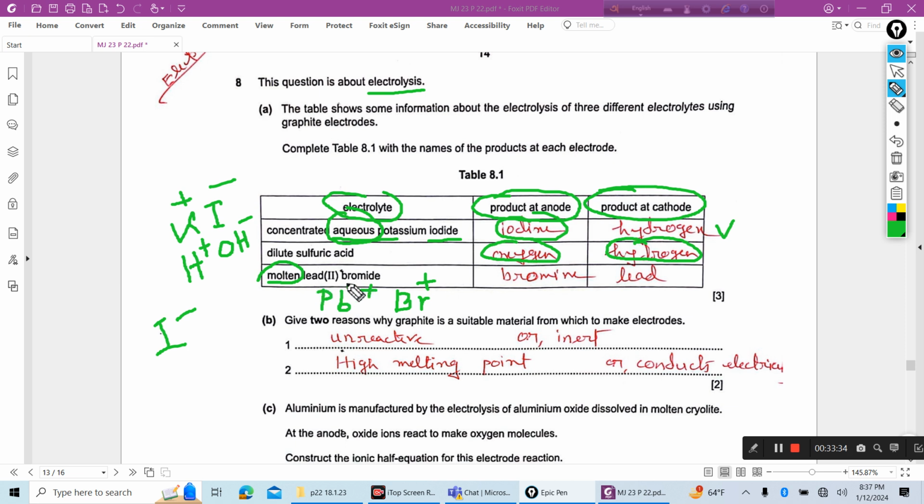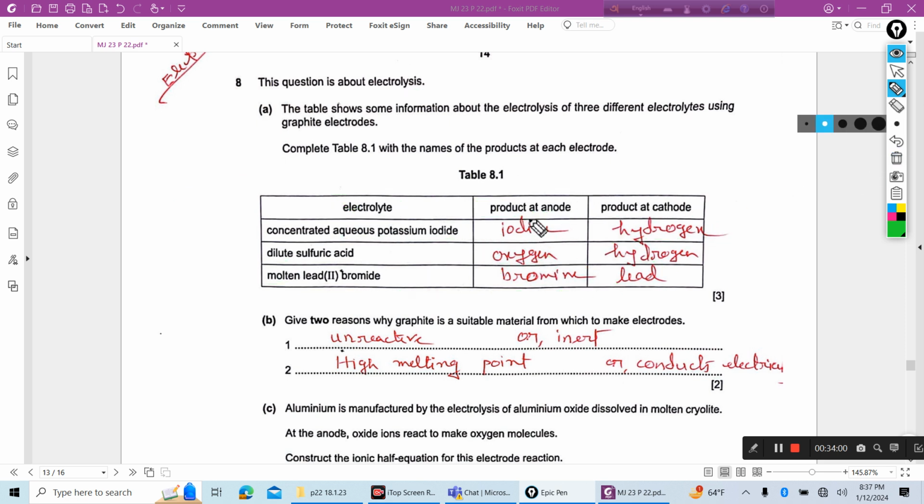So molten lead bromide electrolysis, lead ion gains 2 electron to produce lead, and bromide ion Br minus, bromide ion negative ion, bromide ion lose 2 electron to form bromine gas. These are product at the anode and this product at the cathode.